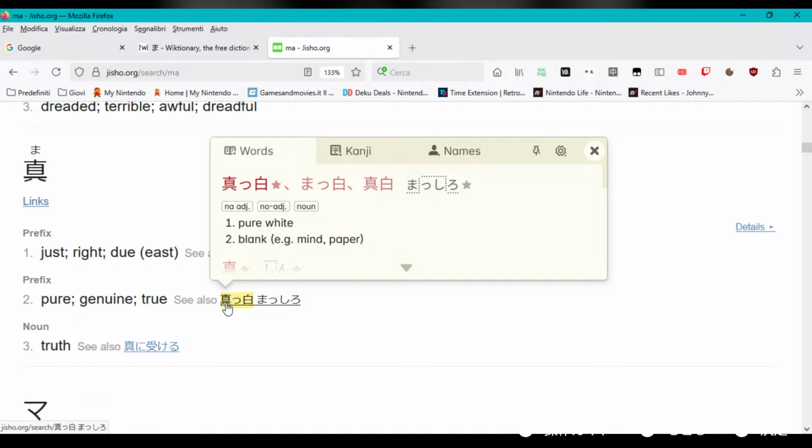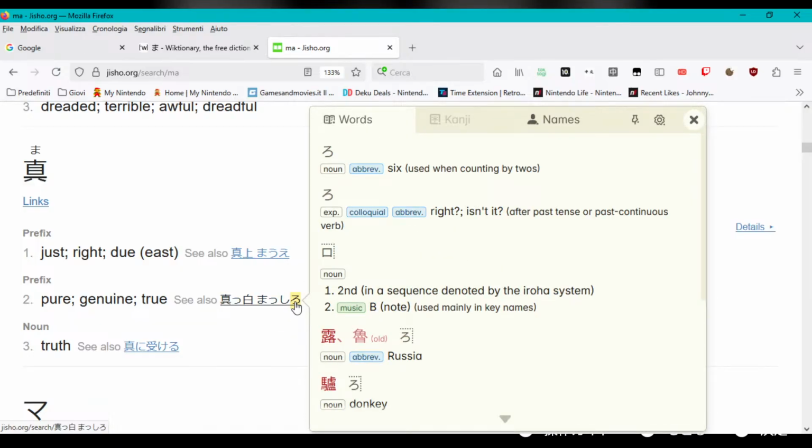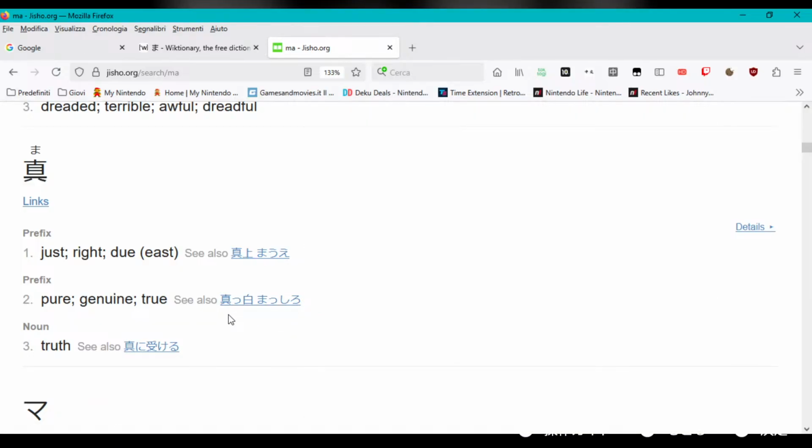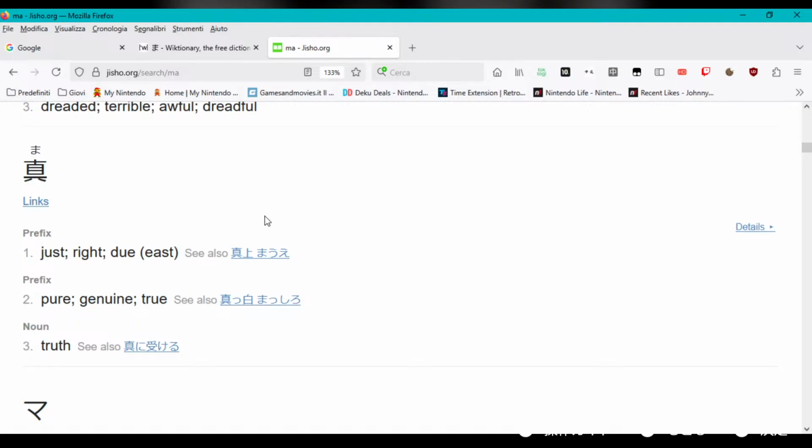Another example is this one, which we can see because of a later hiragana, but notice that in this case we had a small tsu because the following consonant gets doubled. It can happen with this prefix.